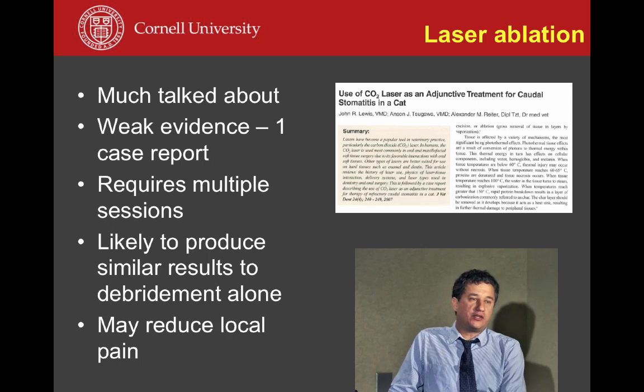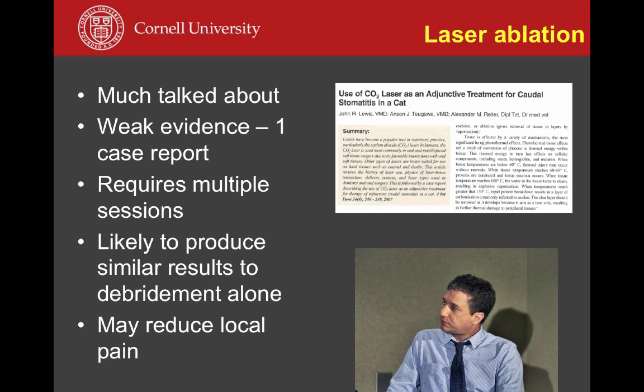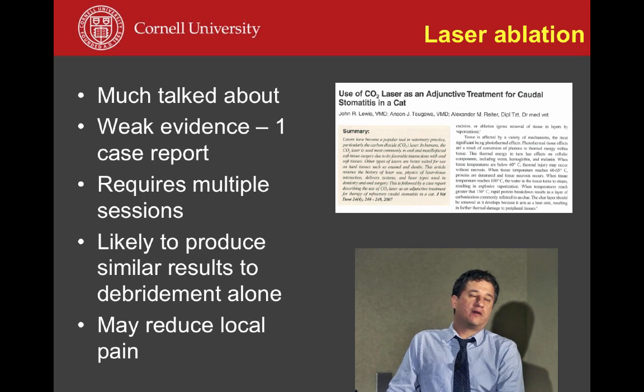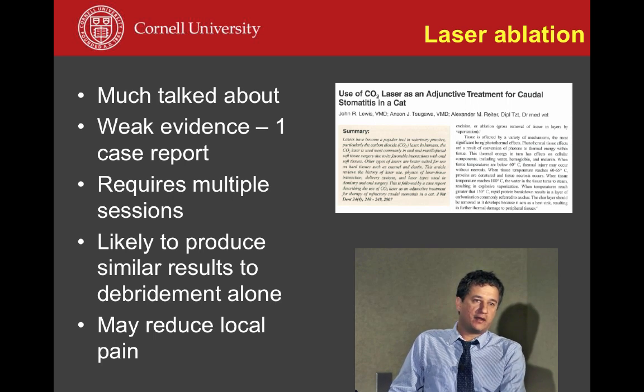Laser ablation of the lesions has been much talked about by many clinicians. However, this was the idea of one group, and I don't know how many cats they worked on, but in the literature, there's only one case report available. So this is very weak evidence.